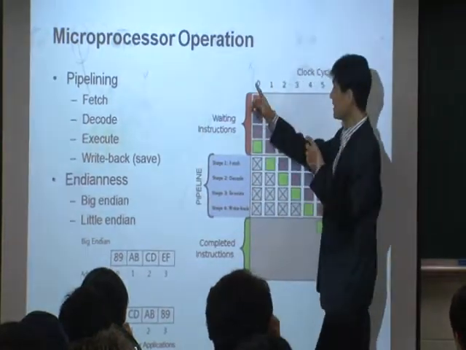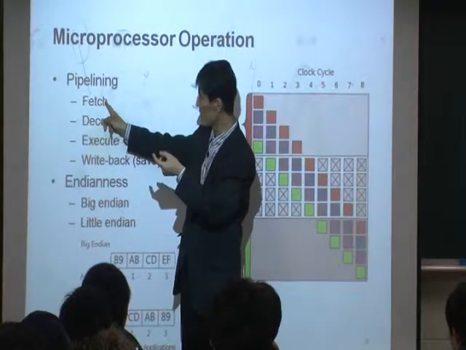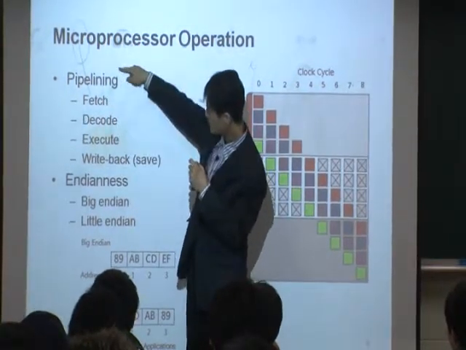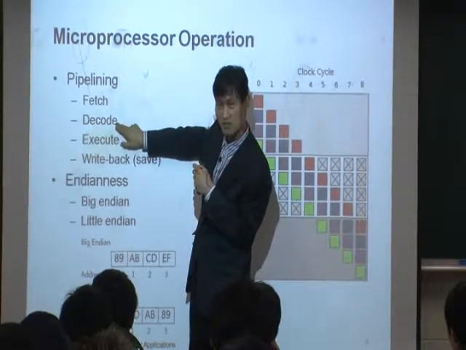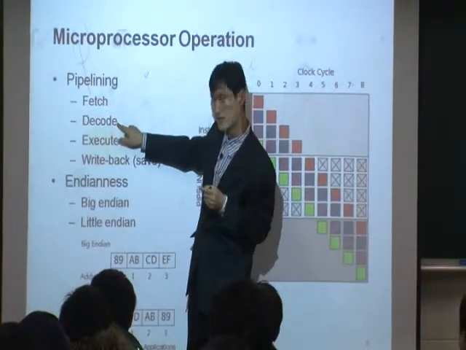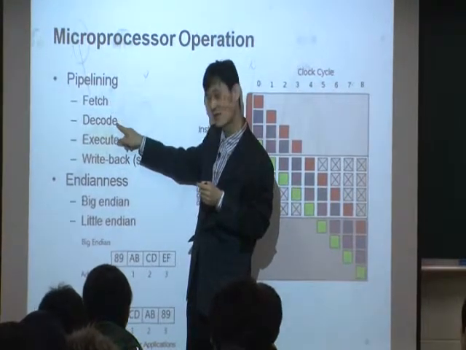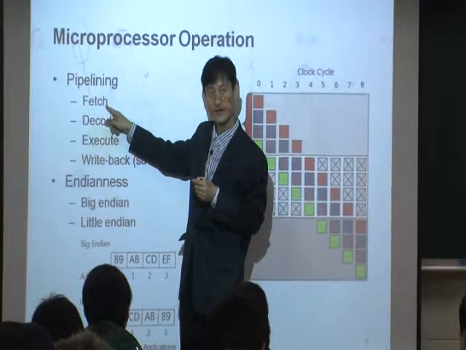So at clock cycle 0, you fetch the first instruction. On the next cycle, first instruction now go to the decode, and second instruction go into fetch. Okay? So the first instruction is here, second instruction is here. On the next cycle, first instruction goes to execute, second instruction goes to decode. Now the third instruction go into fetch. Okay?